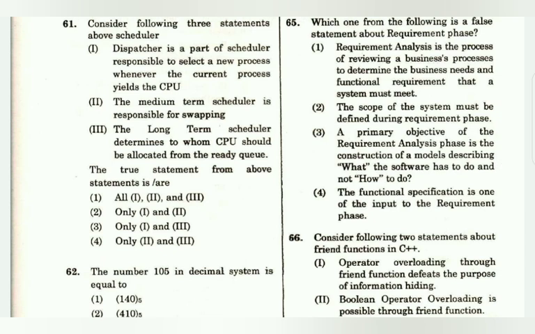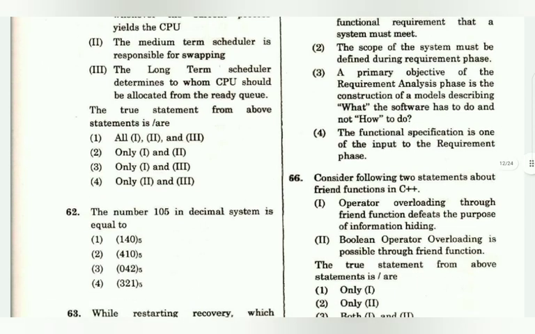Option 2 is also correct: the medium-term scheduler is responsible for swapping processes in and out of memory. And option 3 is also correct: the long-term scheduler determines which process enters the system for execution. So all 3 statements 1, 2 and 3 are correct.